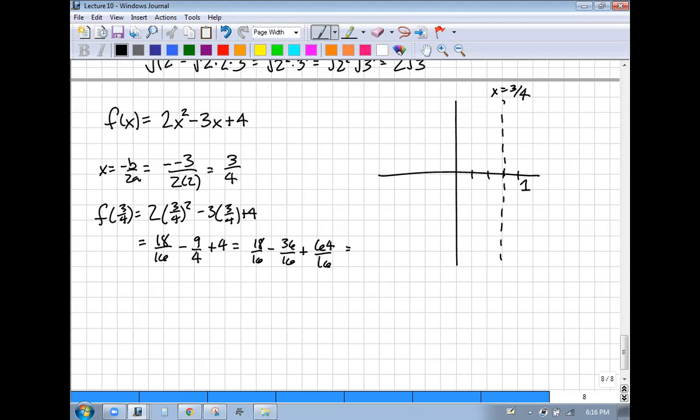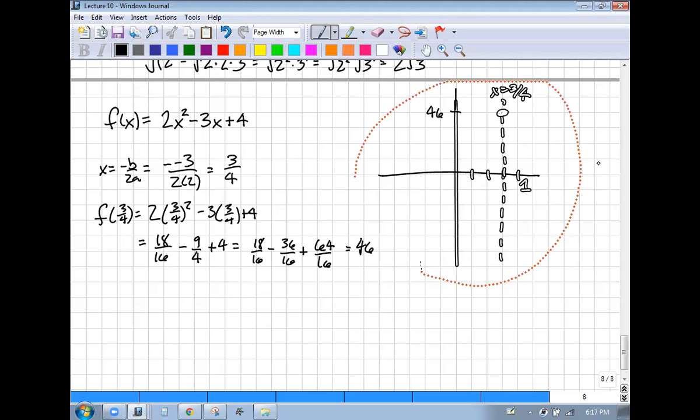What is that? 64 minus 18. 46. All right, so way up here, yeah, I'll do it a little lower. Let's say up here, this is 46. Boom. That's where it's at.